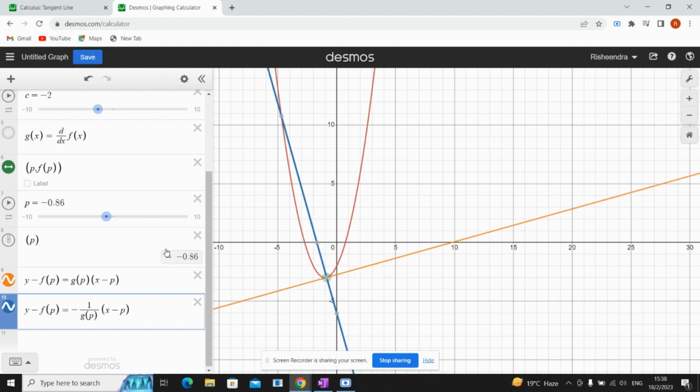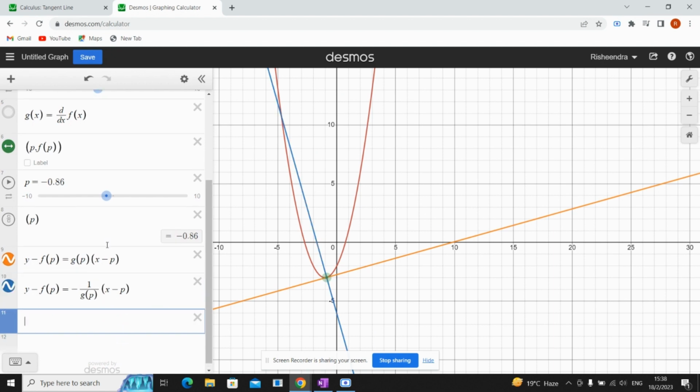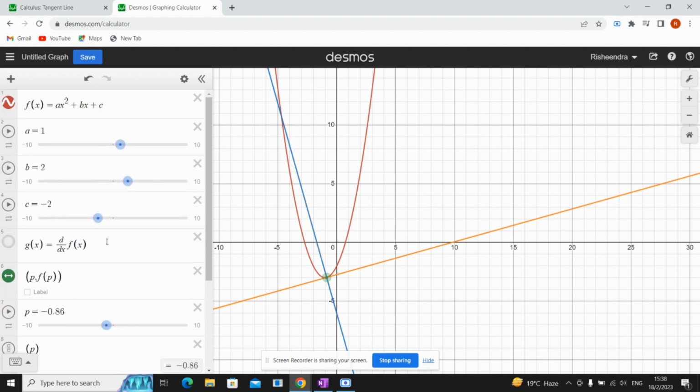Okay, looks great. But how about we add another curve to make it even more beautiful?